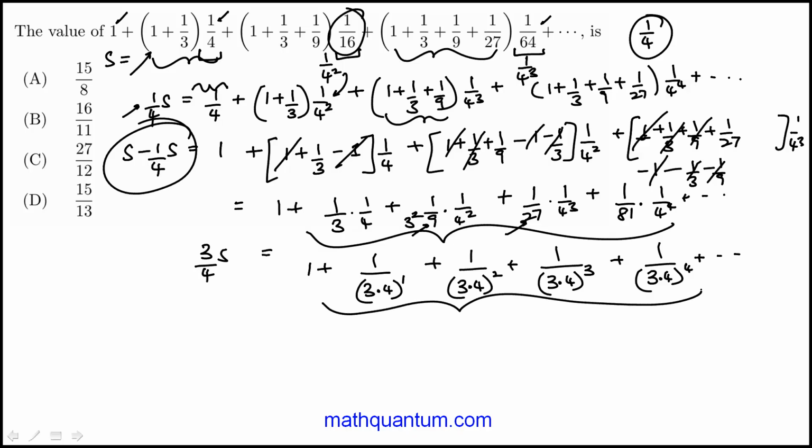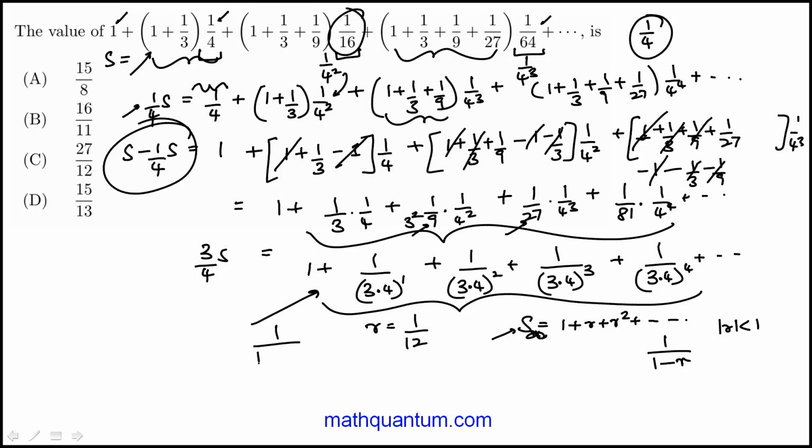And we notice this is just a geometric sequence, and we know the formula for the sum, where r is the common ratio, where r is less than 1, it would be 1 over 1 minus r. So here r is 1/12. And note here that this sum is different from the earlier one. This is in general for an infinite geometric sequence.